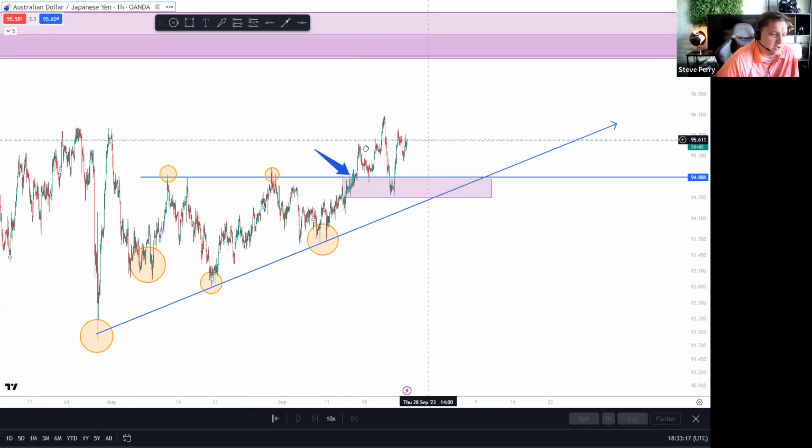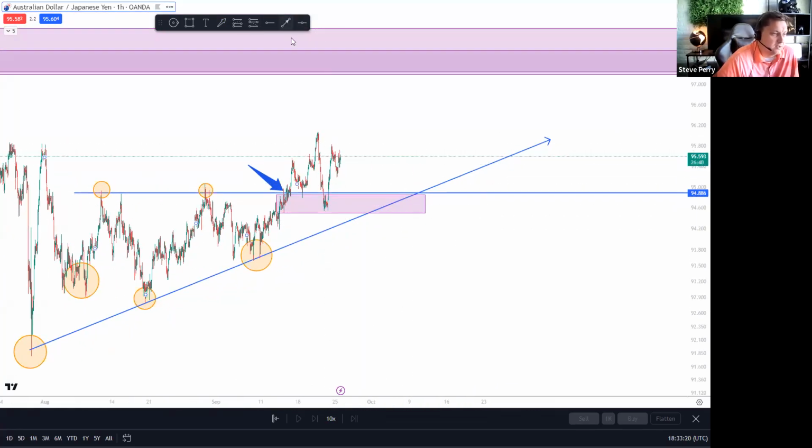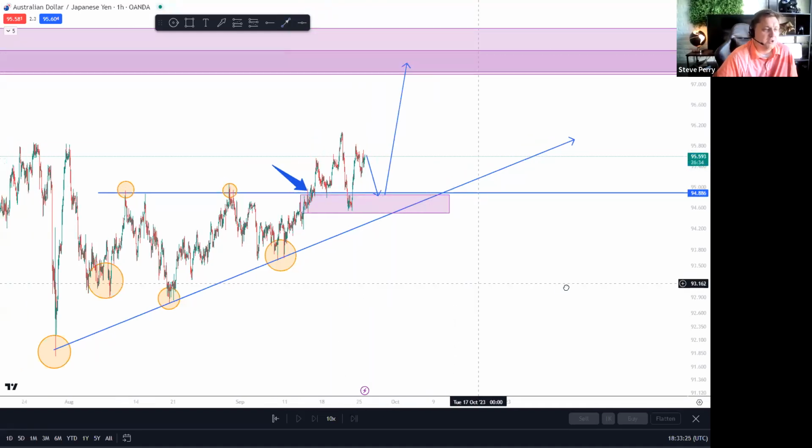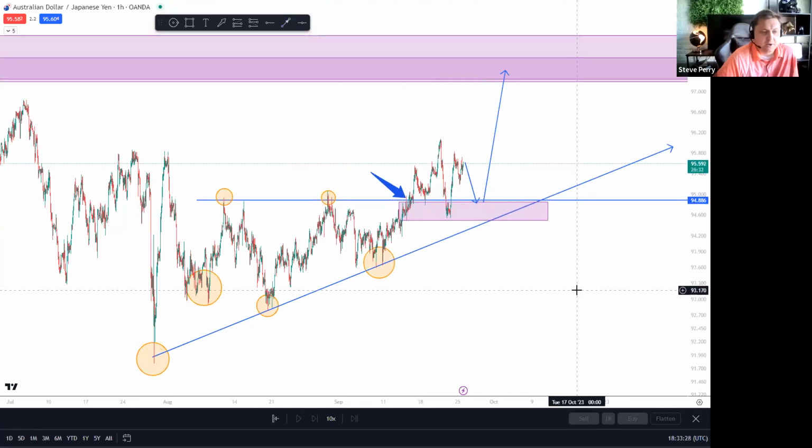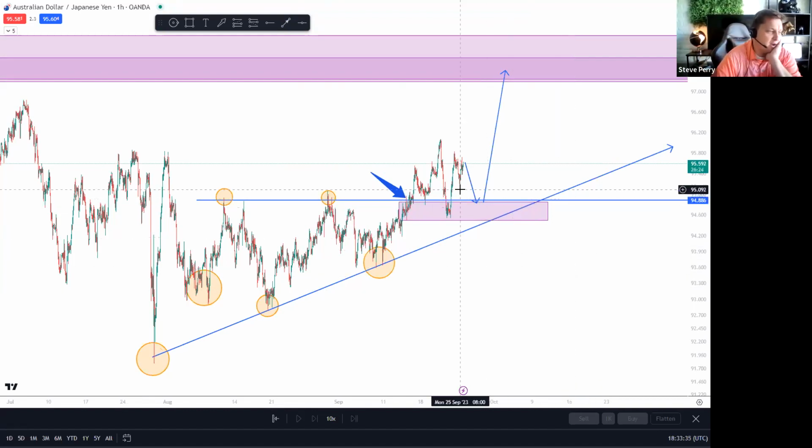Can the market actually come back into this area? What I'd like is for it to tap me in right there, and then I'll ride this up, because I know retail traders are trying to sell this right now, and I know the banks have an interest in sending this higher. And so that's what I'm trying to set up. That's what I'm working towards at the moment.